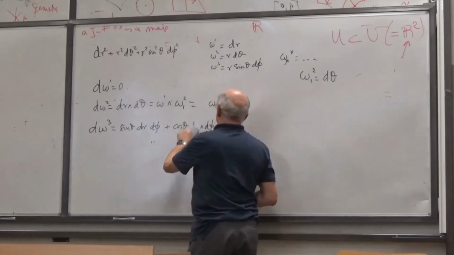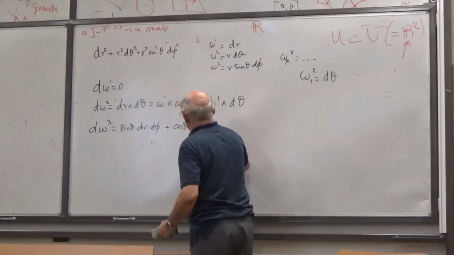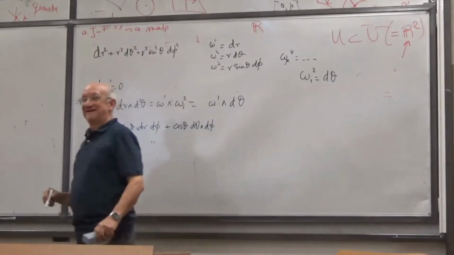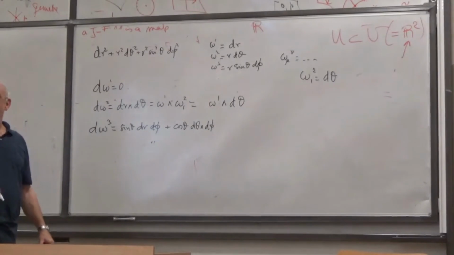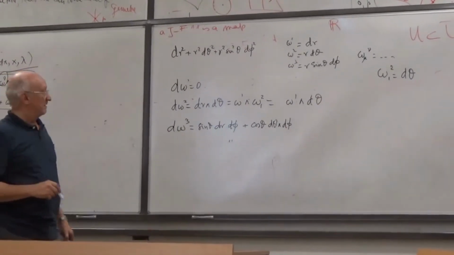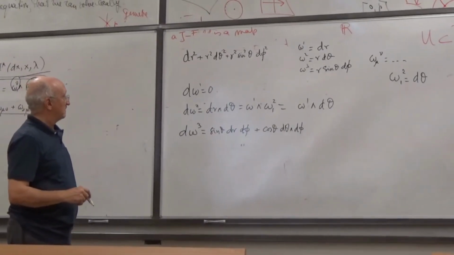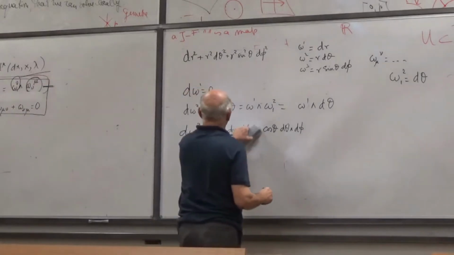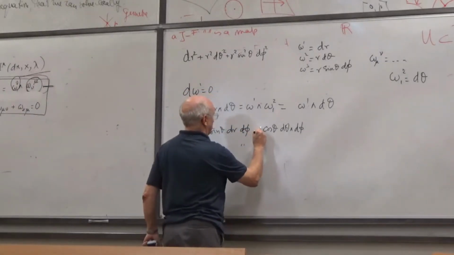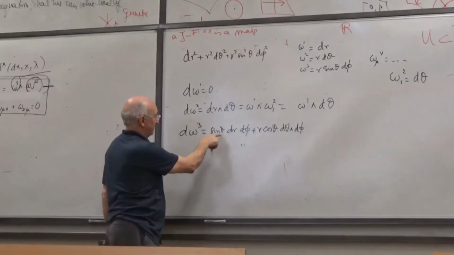Simple. I said I was going to do something stupid. And the r, the radius, multiplying the cosine.